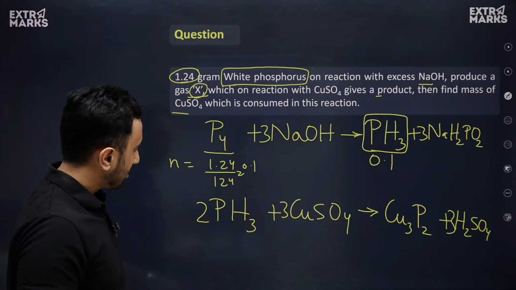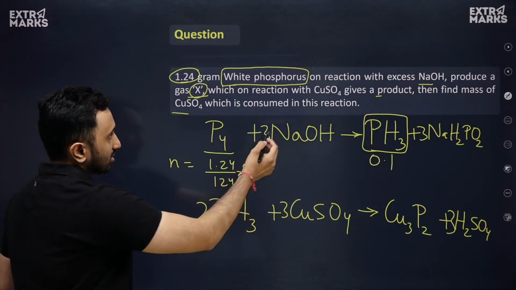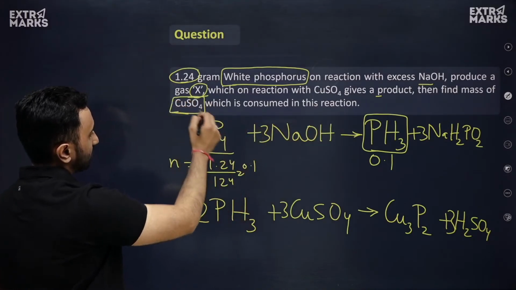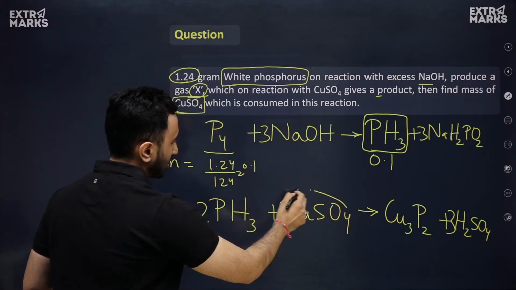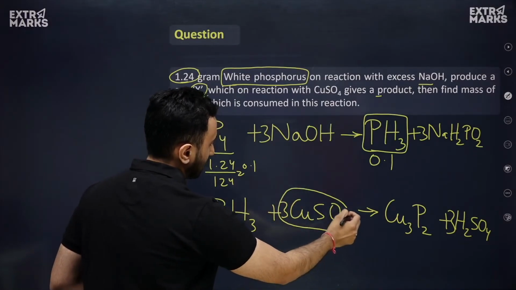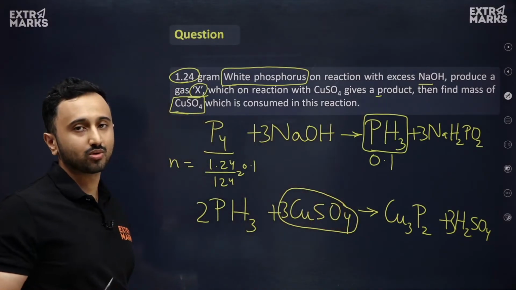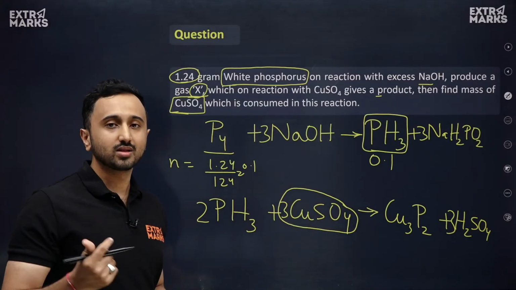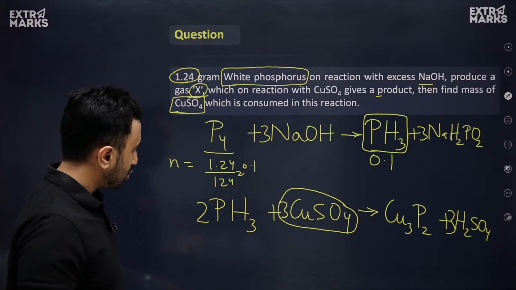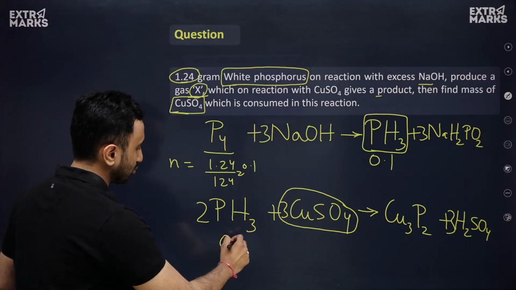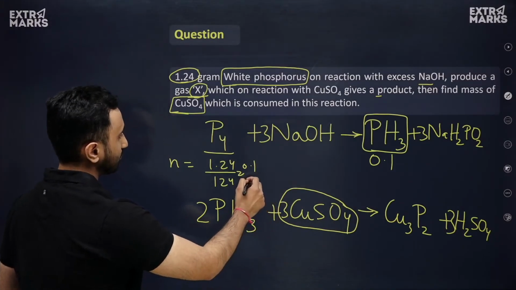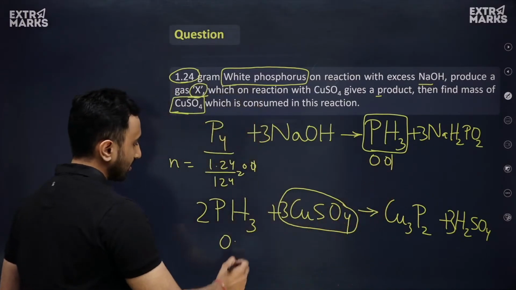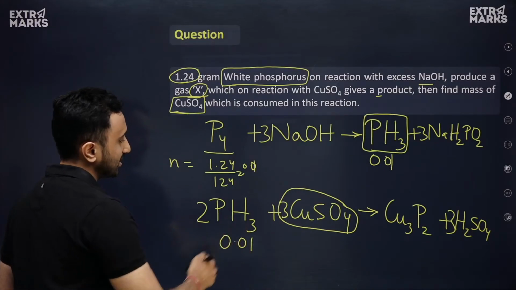Now, let us see. The question says that we need to find the mass of copper sulfate. So, that means the mass of this compound needs to be calculated. Now, how will we do this? It's very simple. You just need to apply the mole concept. Okay, so here we have 0.01 moles of PH3.